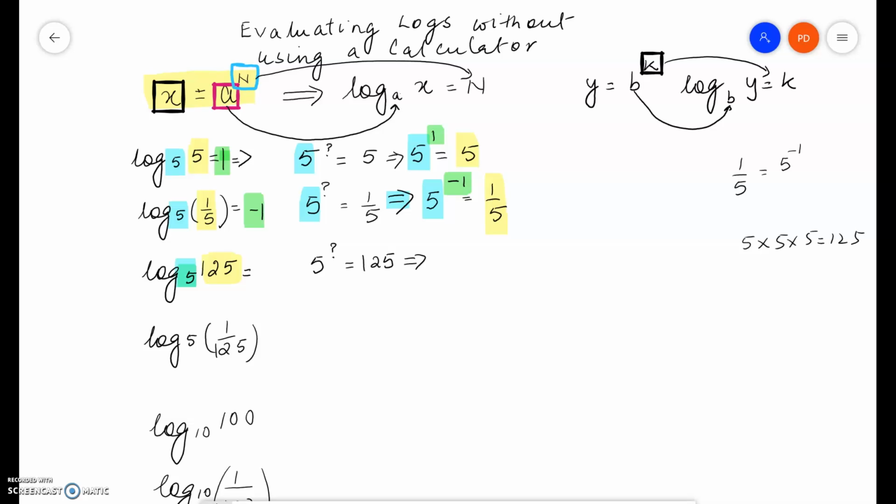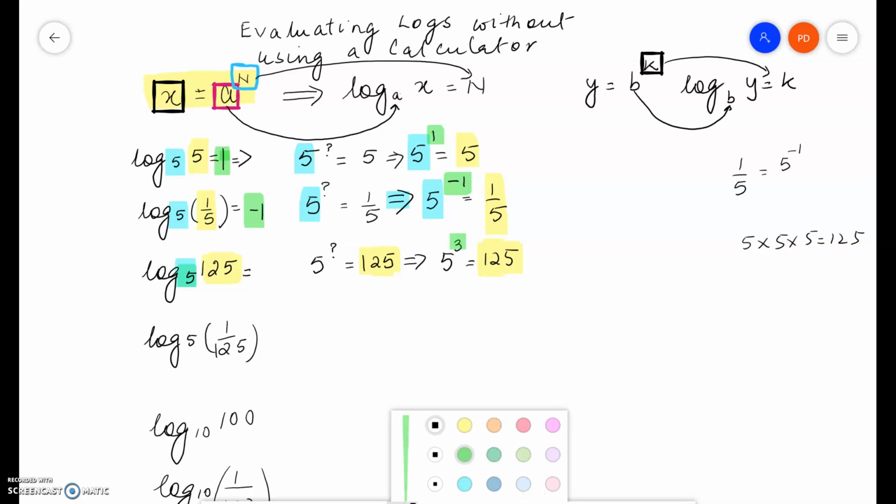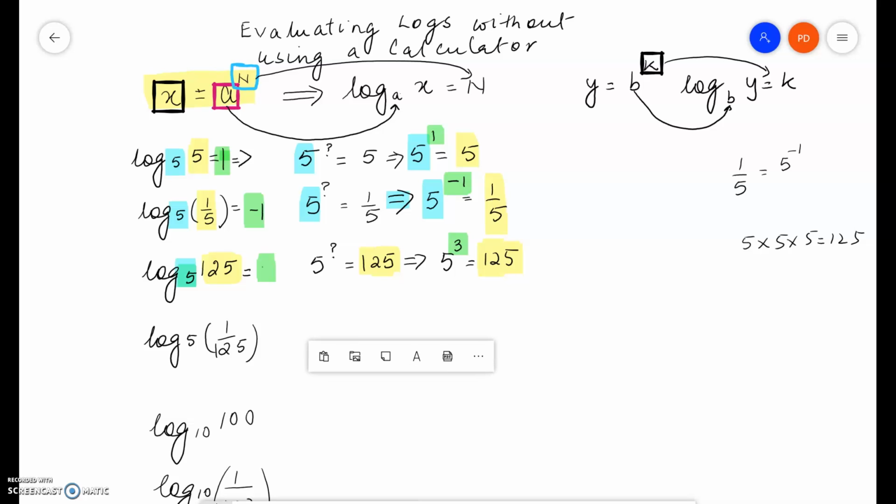So this is 5, the base, to the third power is equal to 125. The exponent is the log of the number, so that should be equal to 3.